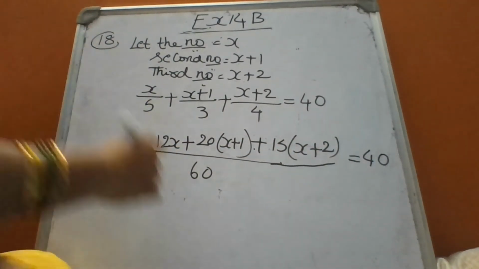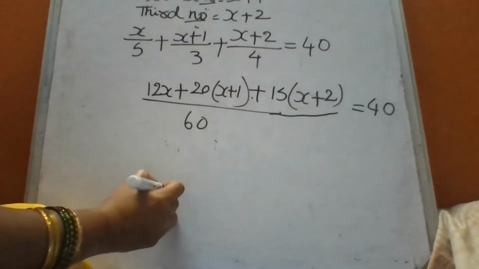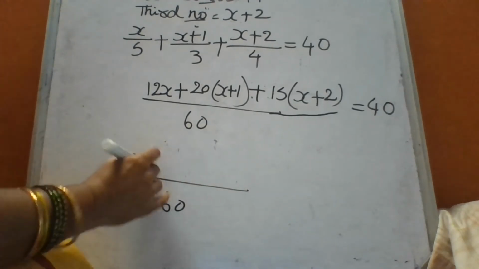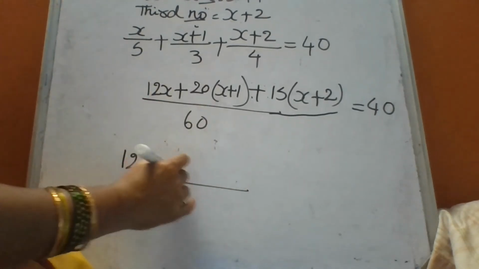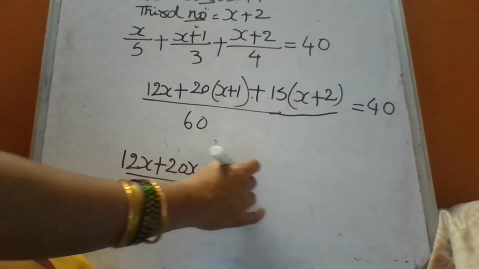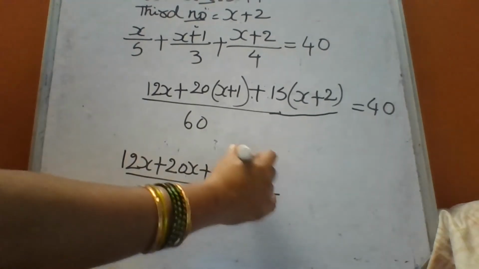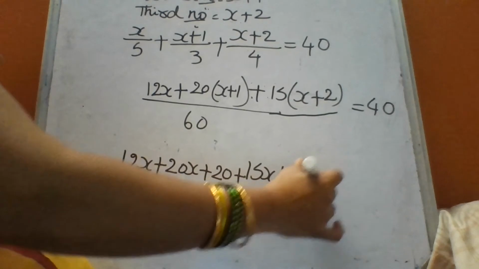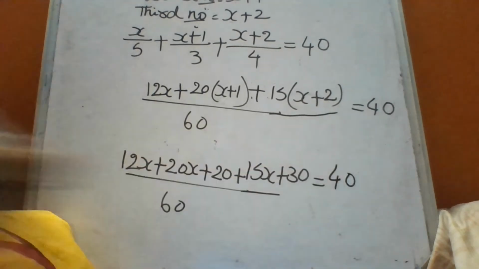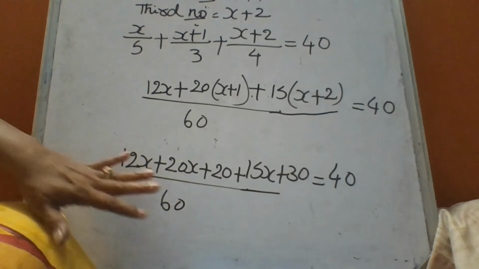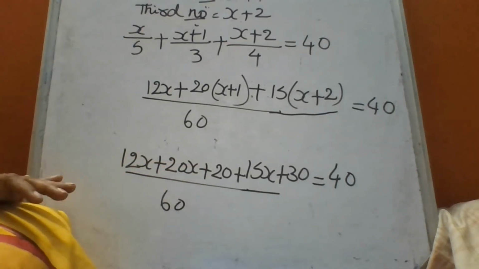So, now by solving again, you get 12x plus 20x plus, by multiplying 20 by whatever is there in the numerator, 15x plus 30 is equal to 40. Whatever like terms are there in the numerator, you can just add.